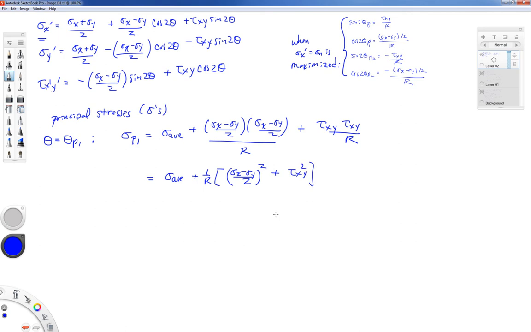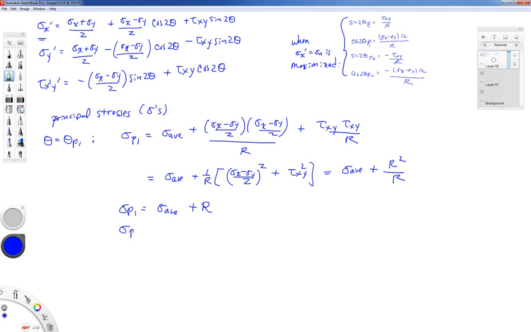Now, if you recall, on the previous page we denoted that as r squared. That was the hypotenuse of our triangle. So this reduces down to sigma average plus r squared over r. Of course, one of those r's cancels out. And what we have is sigma p1 is equal to sigma average plus this quantity r, the hypotenuse of the triangle that I just showed.